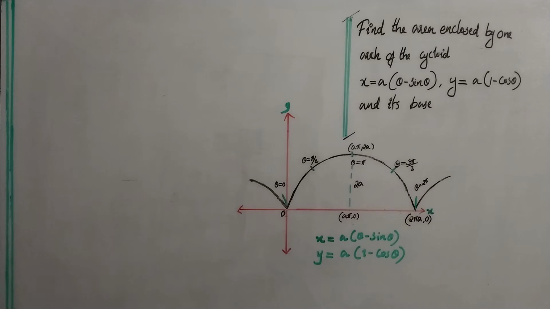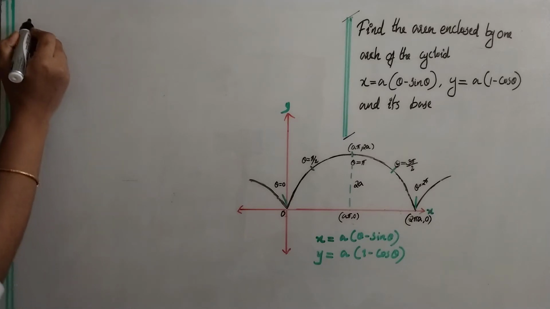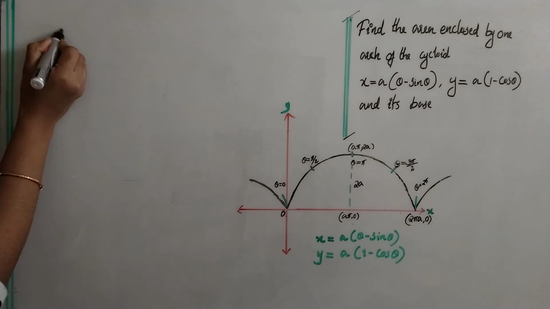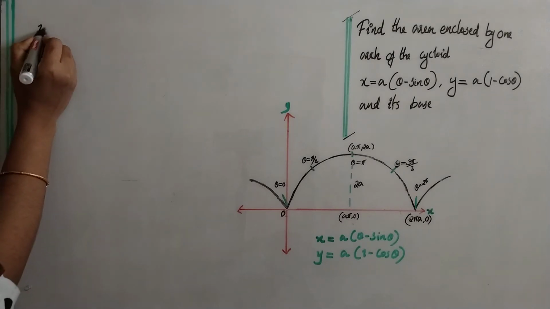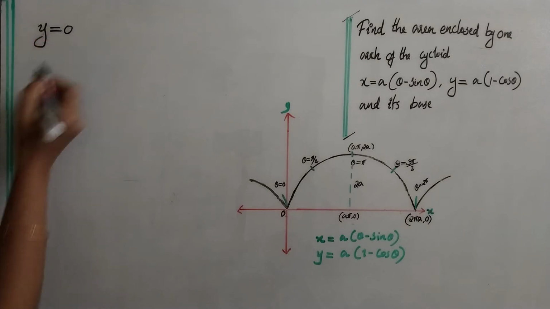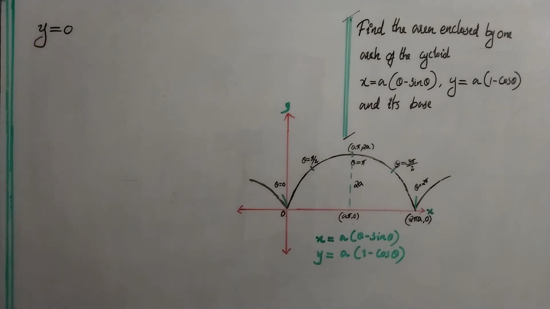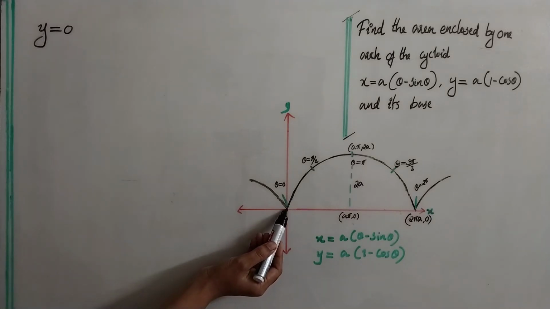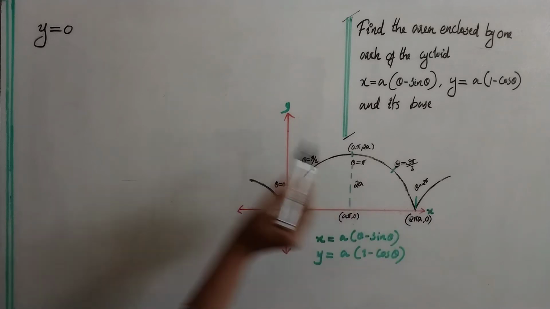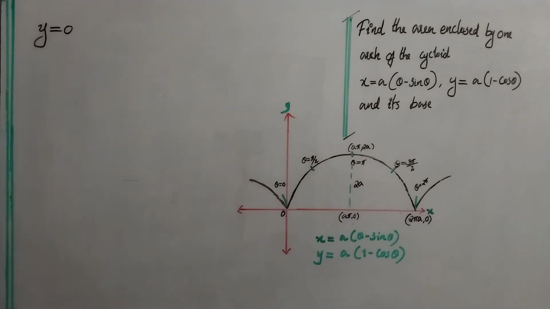And at the contact of the curve with the x-axis, the value of y is 0. We know that the value of y is 0.